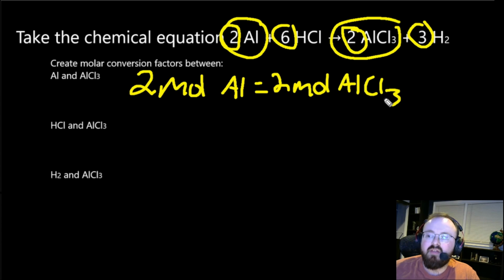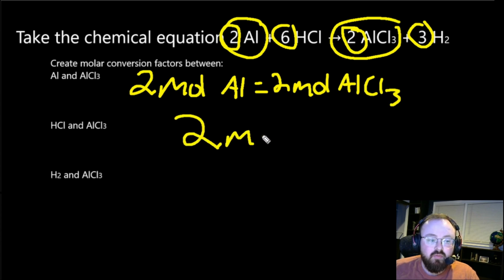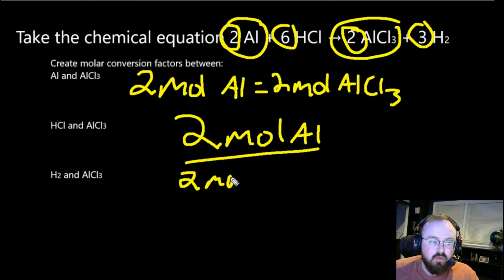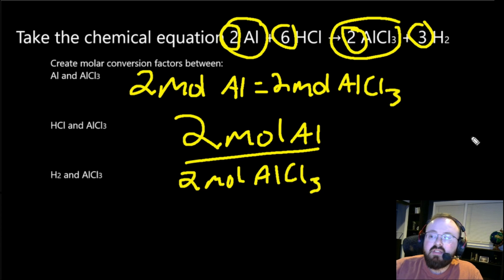And we can use this in our reactions to do conversions, because we can say, hey, 2 moles of Al for every 2 moles of aluminum chloride. And this makes sense. Every single time that we are using aluminum, we'll have the same amount of aluminum chloride, counting-wise. Definitely not mass-wise, but definitely counting-wise. Okay?